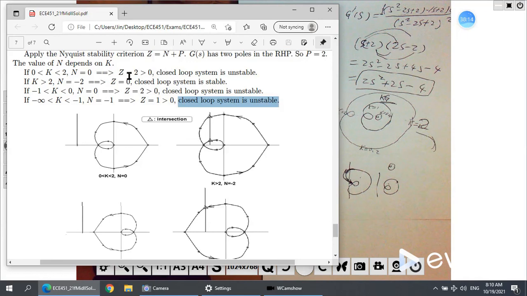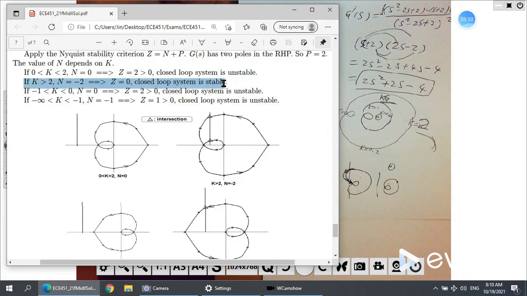Alright. So now you have discussed all the cases. K runs from negative infinity to -1, then to 0, then to 2, then from 2 to positive infinity. Then which part gives a stable system? Only this part, right?